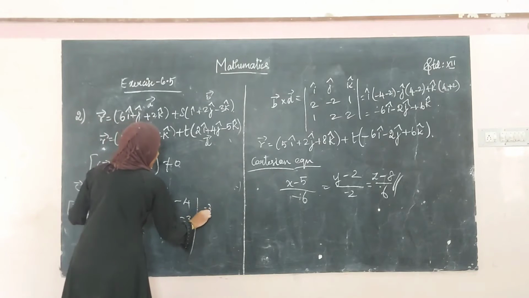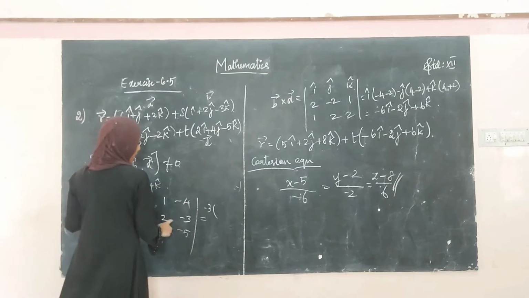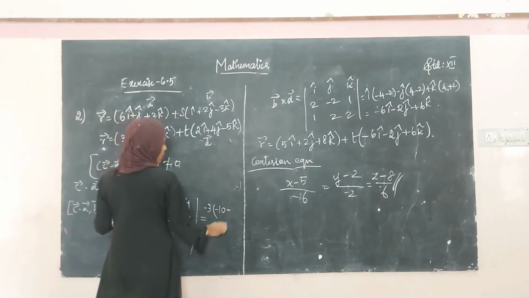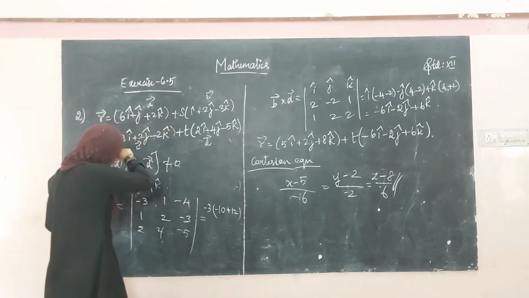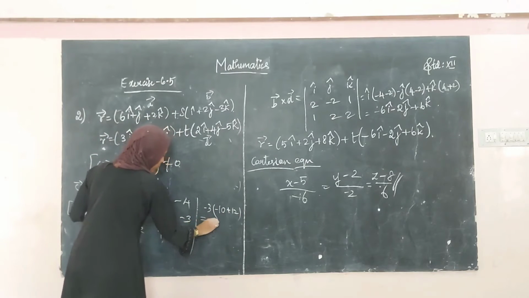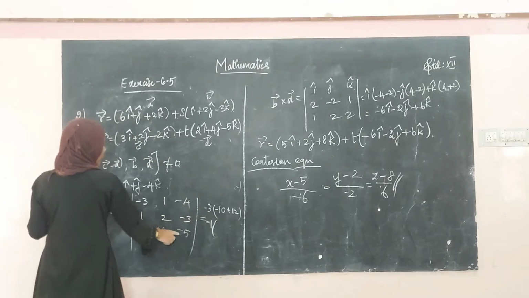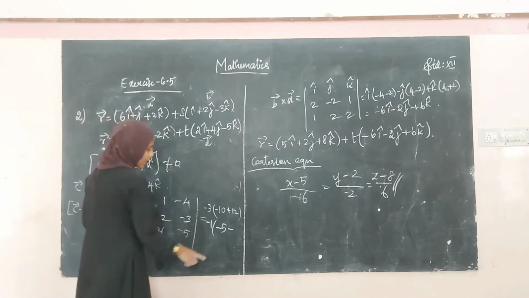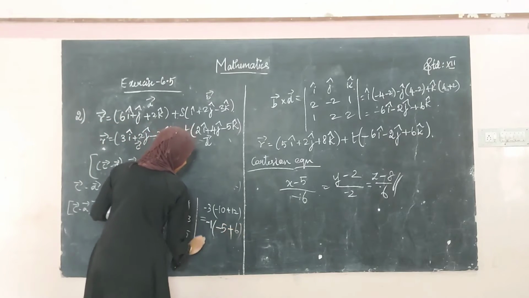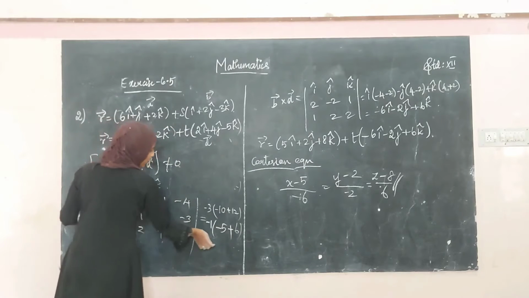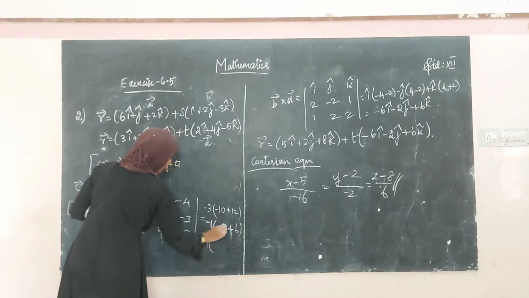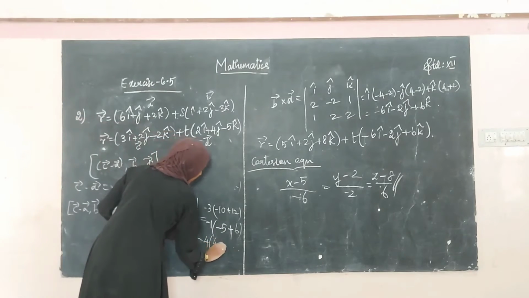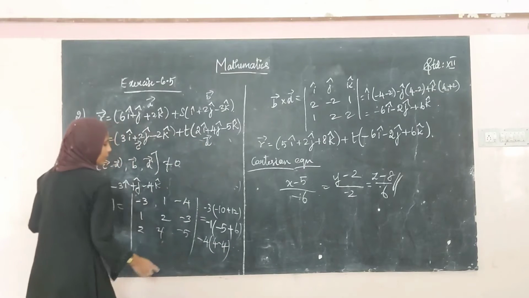Minus 3 into minus 5 into 2 is minus 10, minus of 4 into minus 3 is minus 12, so plus 12, right? Then in the middle one, minus 1 into 1 into minus 5 is minus 5, minus of minus 3 into 2 is minus 6, so plus 6, which gives 1, so it becomes minus 1. Then plus 1 into 4 minus 4, so this is 0, right?